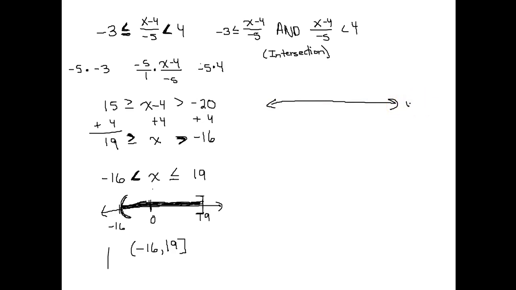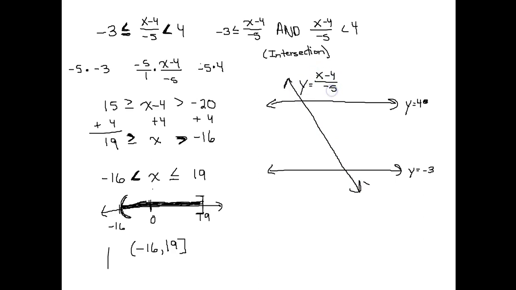This is y equals 4. And then I've got one down here, that's y equals negative 3. And then this transversal is y equals x minus 4 over negative 5.